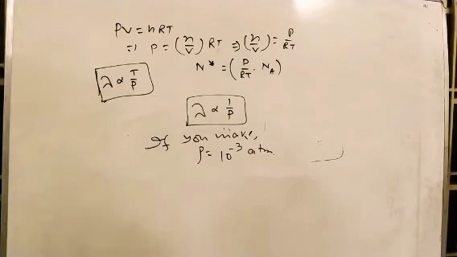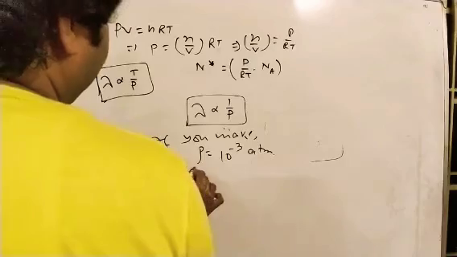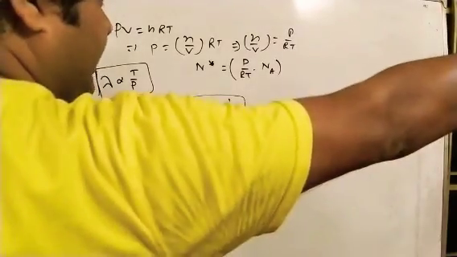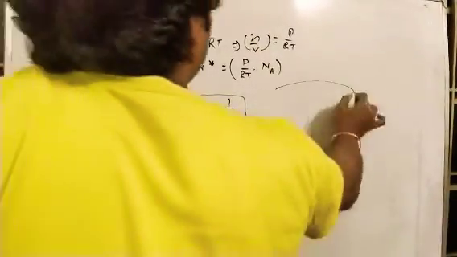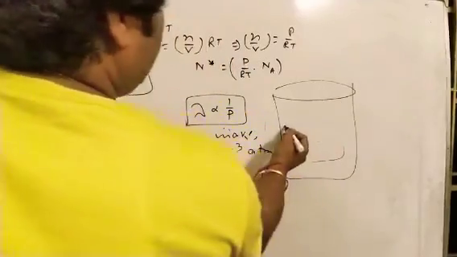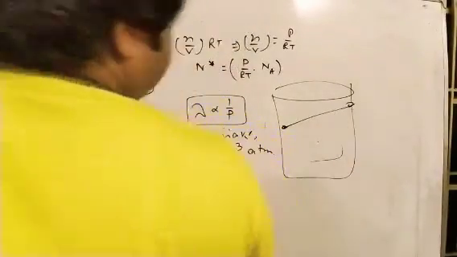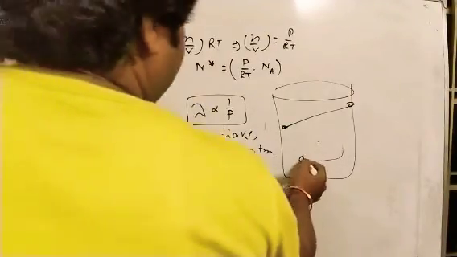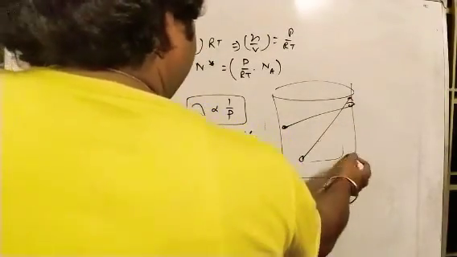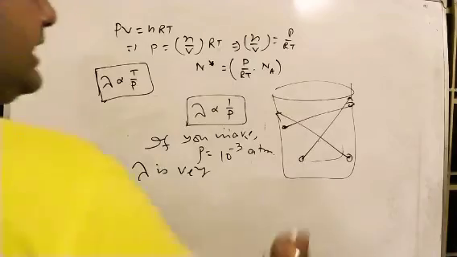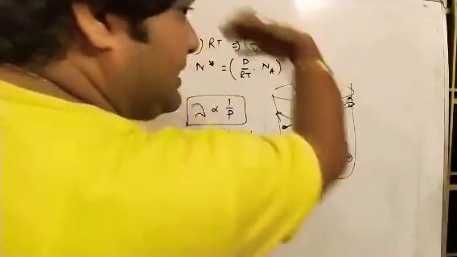So here lambda is very large. Now lambda is very high. If one molecule is here, it will not take much time to hit this point. If lambda is very high, it will go and hit that point. So they are not interested in colliding among themselves, because their free path is now very high.